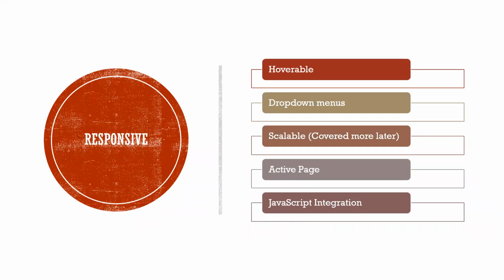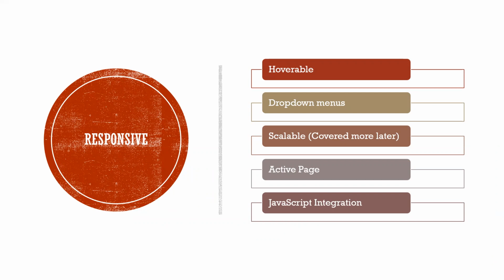So, all right, responsive design. There are 5 main elements. We want a hoverable navigation bar and drop-down menus. Then scalable, we want to be able to scale the menu. And then active page, so it tells you which page you are on.